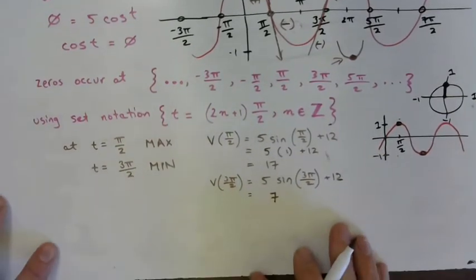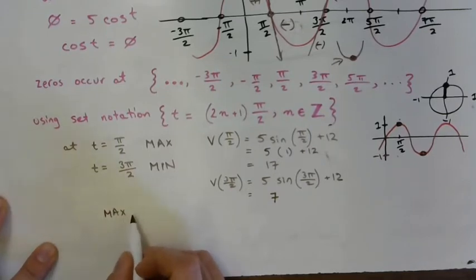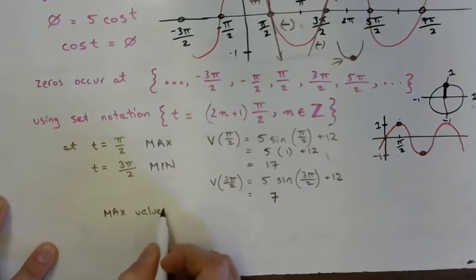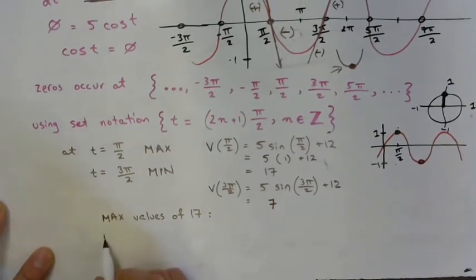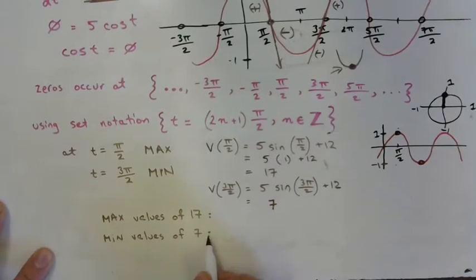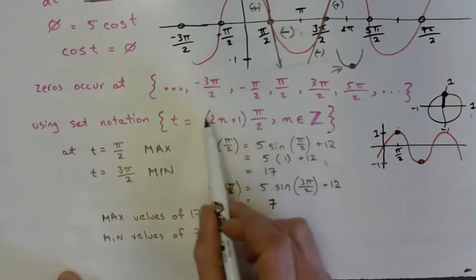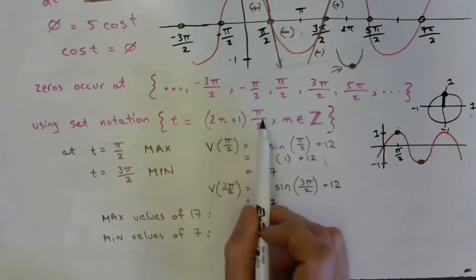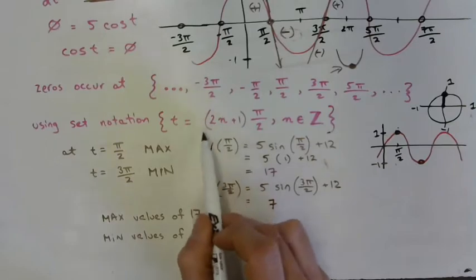So if we're talking specifically about max values of 17 and where they occur, and then the minimum values of 7 where they occur, they alternate on this set. So I'll give you a couple seconds to think about how to skip every other one of these odd numbers now.